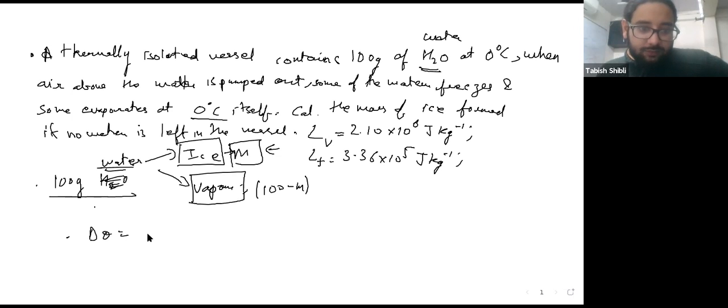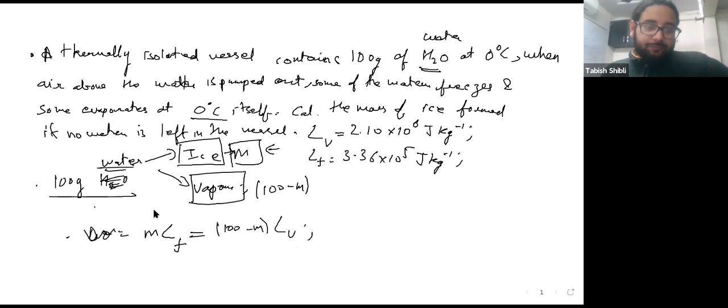Delta Q, which is equal to m L fusion, should be equal to (100 minus m) times L vaporization. That's it. So जितना amount of heat fusing में निकल रहा है वो सारा का सारा इधर जा रहा है. Just put in the values and solve for m.